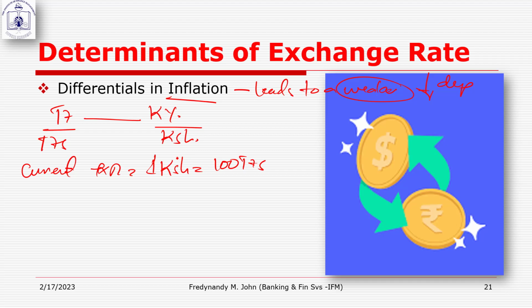Now, what will happen if Kenya suffers a serious inflation? If Kenya suffers a serious inflation, it means the Kenyan shilling will depreciate in its value. So the value of the Kenyan shilling will decline.